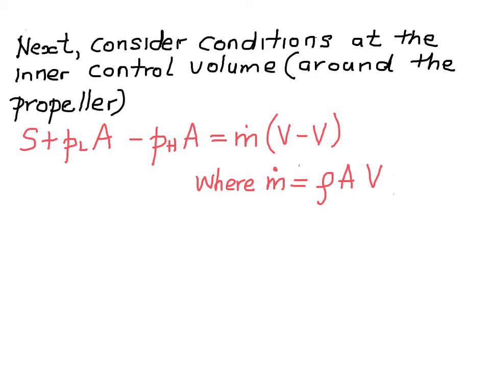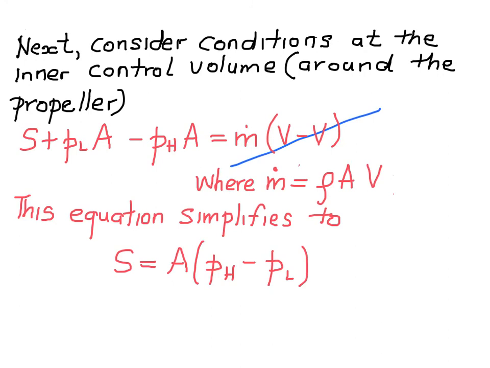So this cancels out to 0. If you look at m dot, it is the density times the area times the velocity.